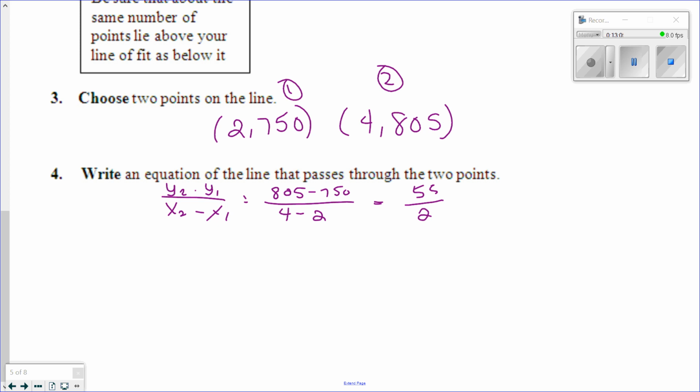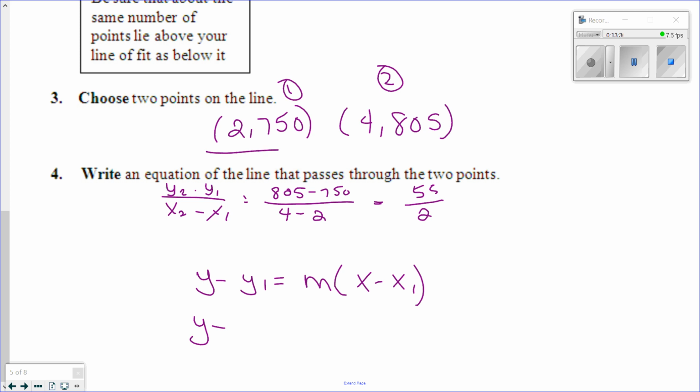So I'm going to use point slope form to get my equation for my line. And I can just choose one of these points. I'm going to choose point 2, 750. So point slope form again is y minus y1 equals slope times x minus x1. So we need our slope and we need one more point on the line.